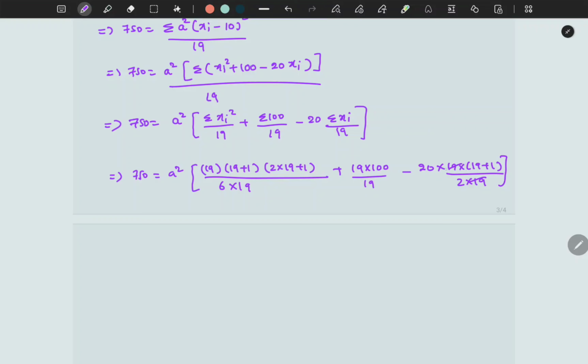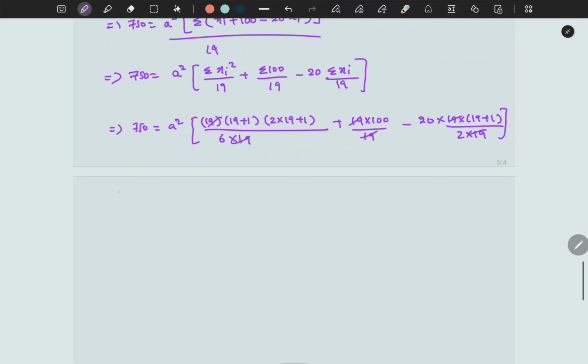So all this 19 gets cancelled. Ultimately we are left with 750 equal to a square into 19 plus 1 is 20, 20 divided by 6 is 10 divided by 3, into 19 into 2 is 38, 38 plus 1 is 39, plus 100 minus, this will be 10 into 20 is 200, plus 100 minus 200 is minus 100.